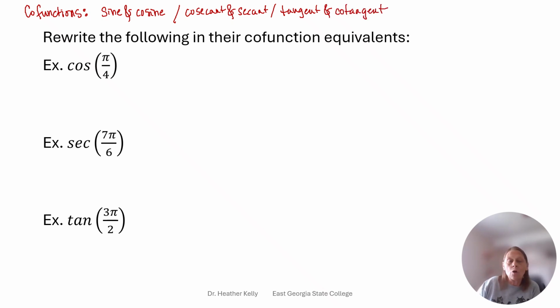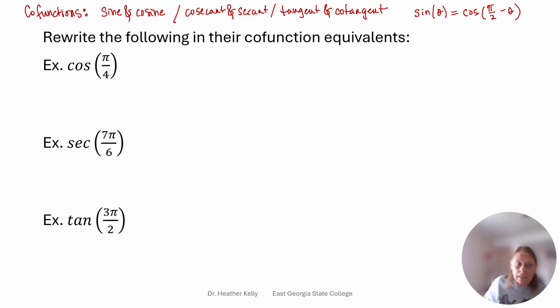And what the cofunction means is that sine of theta is equal to the cosine of pi over 2 minus theta. That's what it means to be cofunctions, that we can rewrite this.